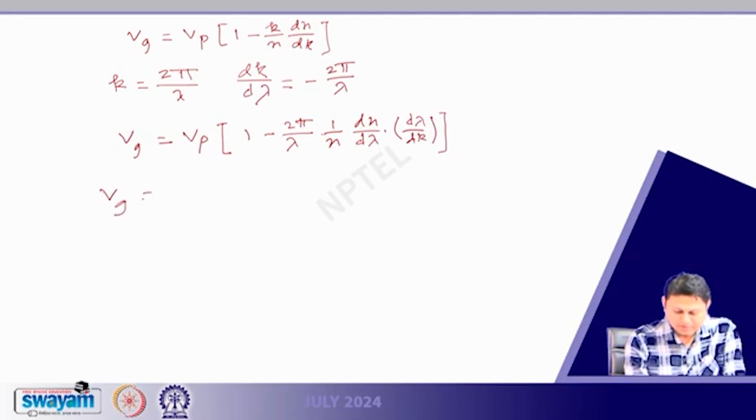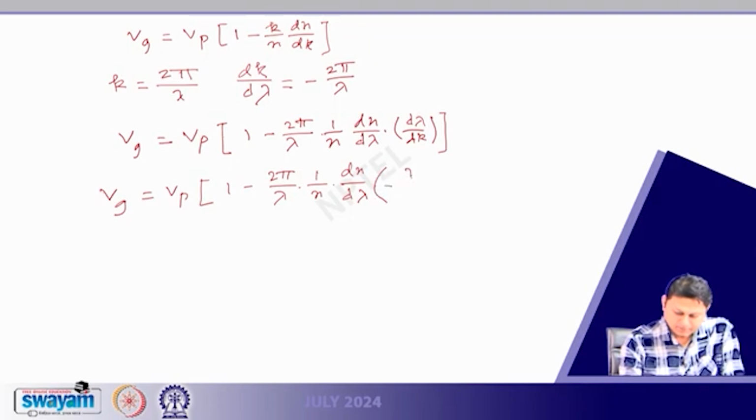So, we have Vg equal to Vp 1 minus 2 pi divided by lambda into 1 by n dn d lambda, and this quantity is minus of lambda divided by 2 pi. Here should be a lambda square.